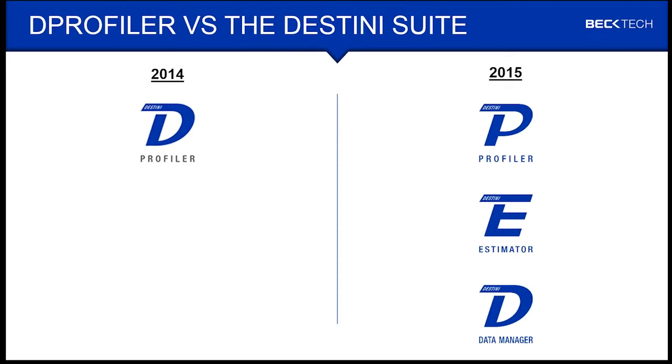All of our products fit within a suite, which we're calling the Destini Suite. Each of our products now has an icon with a letter corresponding to the name of the product. So Destini Profiler, Destini Estimator, and Destini Data Manager are the 3 products within the Destini Suite that we are offering this year.